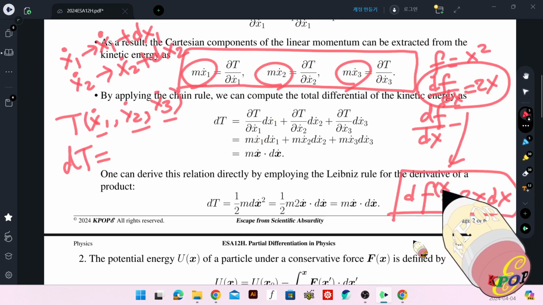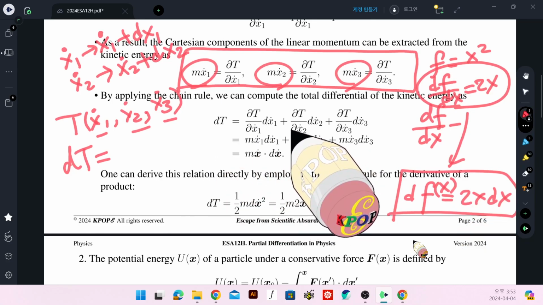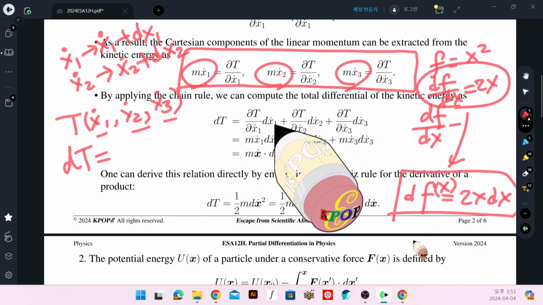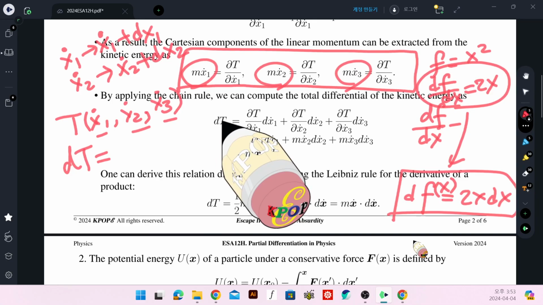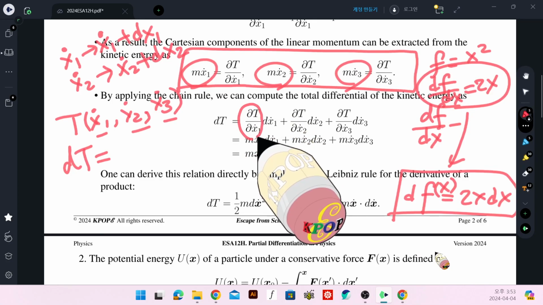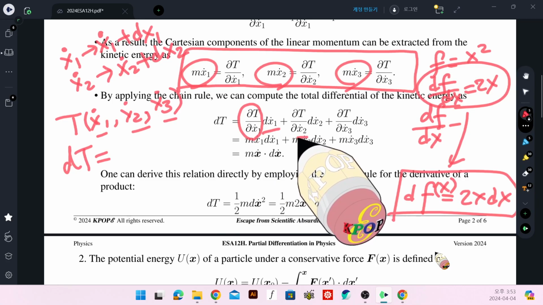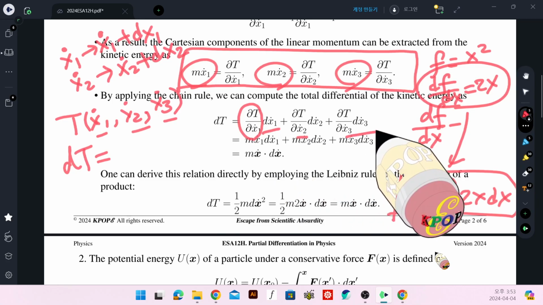In this case, we have a single variable, but here we have three variables that contribute to the change of the kinetic energy, that are x1 dot, x2 dot, and x3 dot. Therefore, it's a partial derivative multiplied by the differential of x1 dot, x2 dot, and x3 dot, summed.